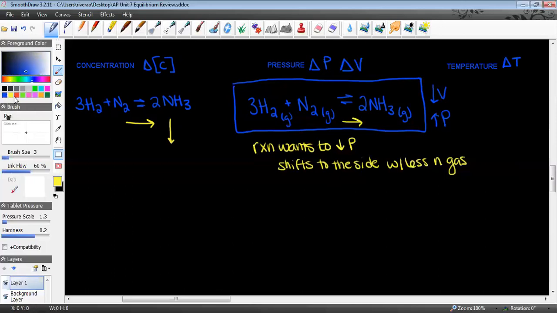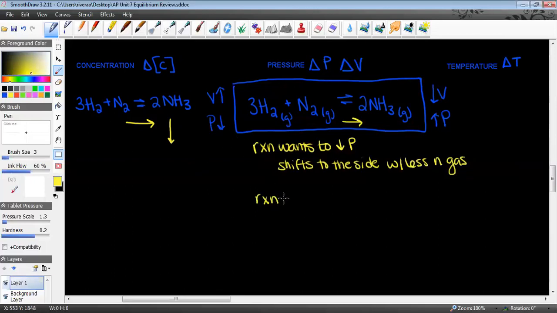If the reverse were the case, if I increased the volume of the vessel, that in effect would decrease the pressure, but the reaction wants the pressure to be where it was.